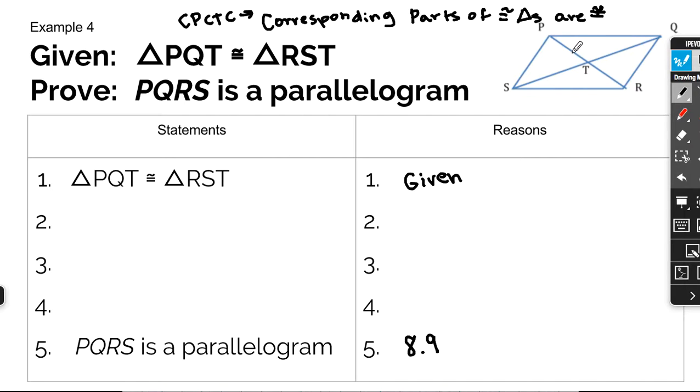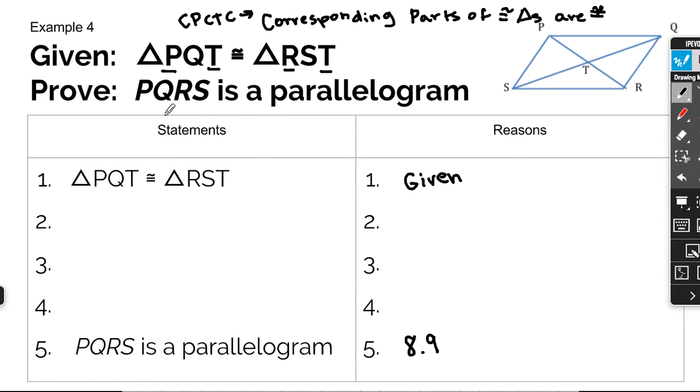So I'm looking at PT and TR, and let's see if we can make that congruent. Looking at how they're named, we can use PT, and then TR, even though it's named the other way, those are part of the triangles.